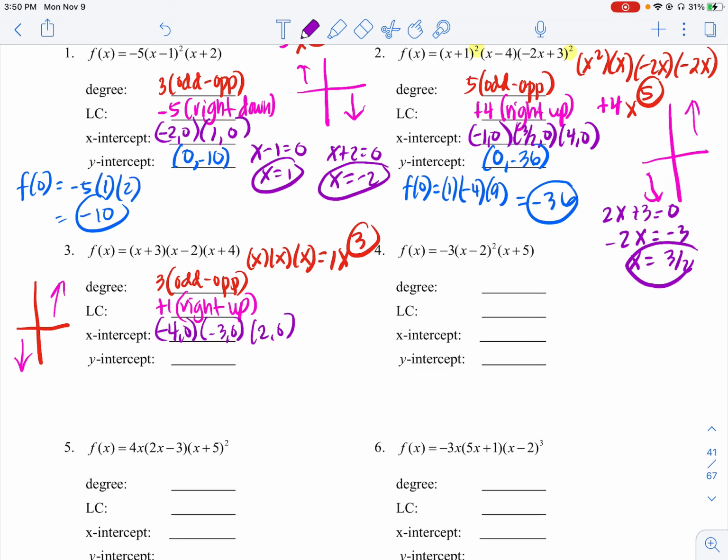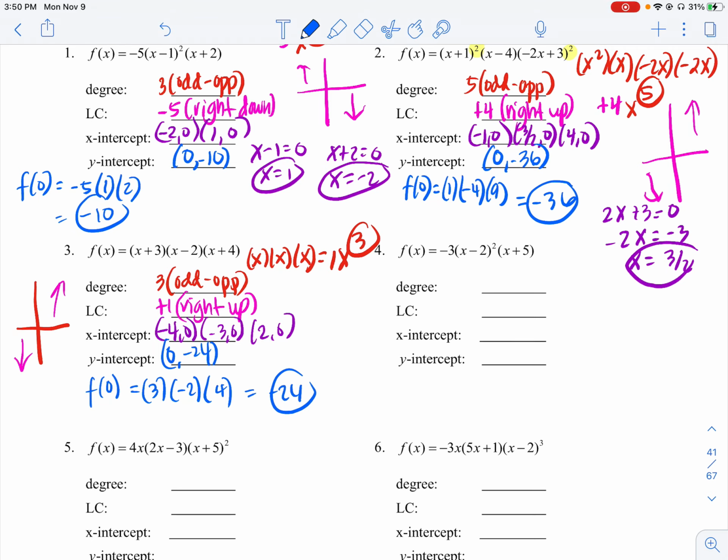And then for the y-intercept, what do we do? 0 plus 3 is 3, 0 minus 2 is negative 2, 0 plus 4 is 4. So this is negative 24. 8 times 3, yeah, negative 24.